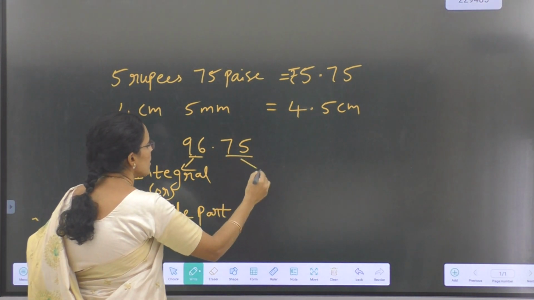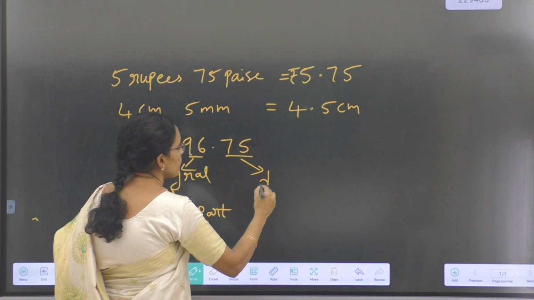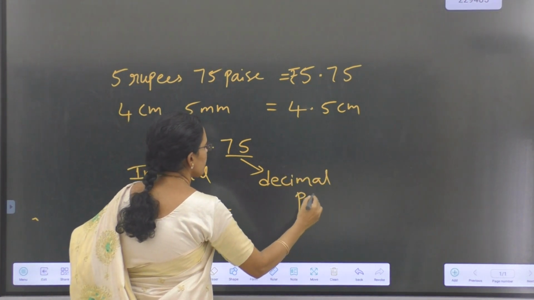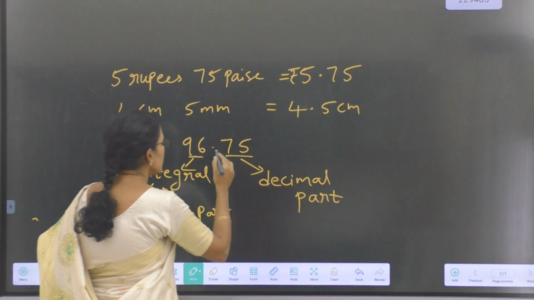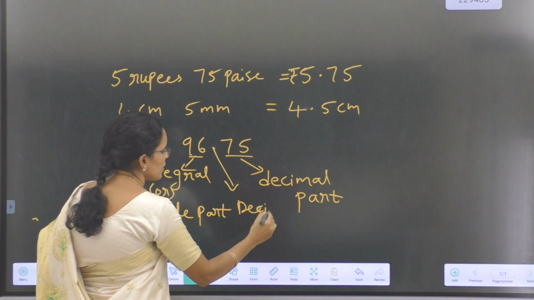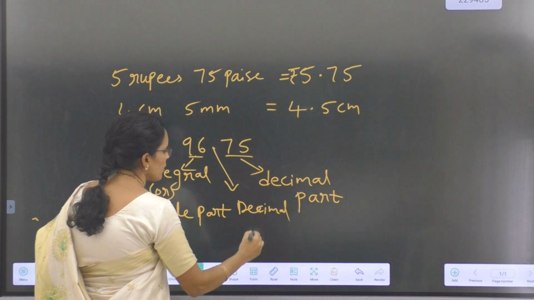And we call this one the decimal part, and this one is known as the decimal point.